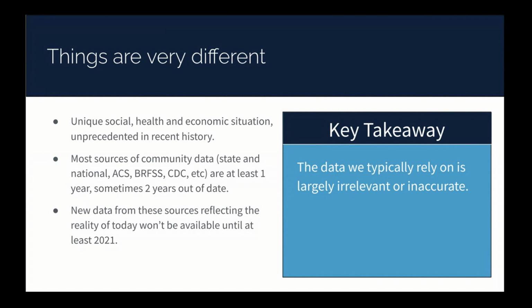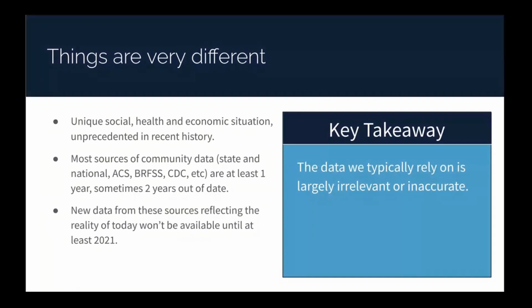And so the sources that you typically rely on to do a needs assessment are going to be out of date at least a year, sometimes 2, depending on when the data was collected. And so if you're thinking about a needs assessment and you've done it before, you're going to have to find a very different approach this time around than what you relied on last time, because the data that reflects where we are today isn't going to be available until 2021 for most of these sources. And so much too late to have any sort of practical impact on planning.